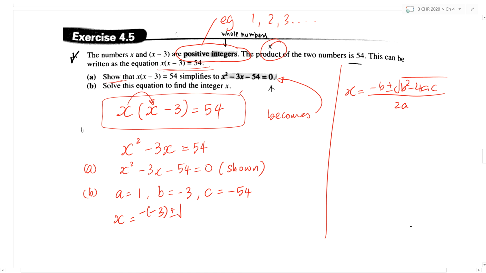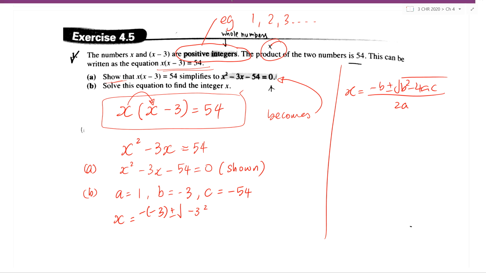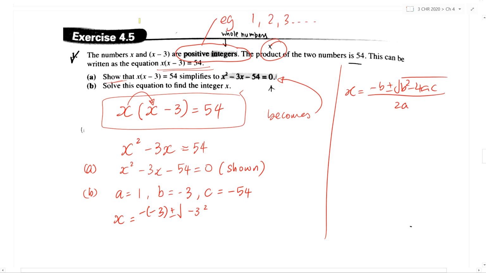Okay, next. Plus minus square root. What is the next thing that we have to write? B square, isn't it? So B is negative 3. Can I write it this way? Is this B square? This portion, very important.